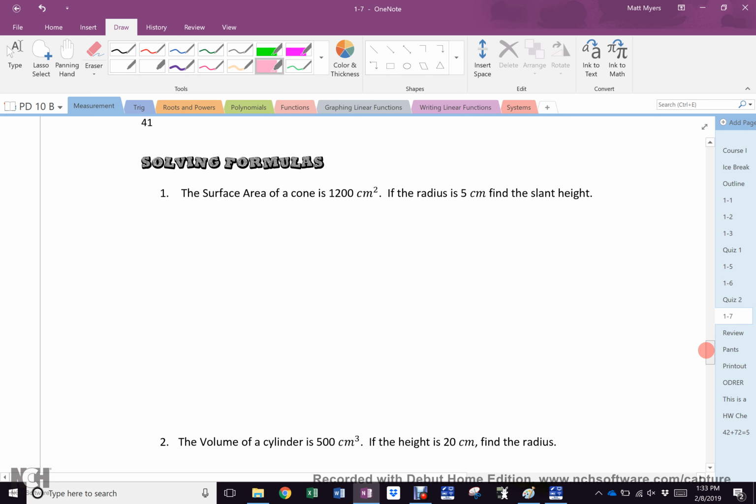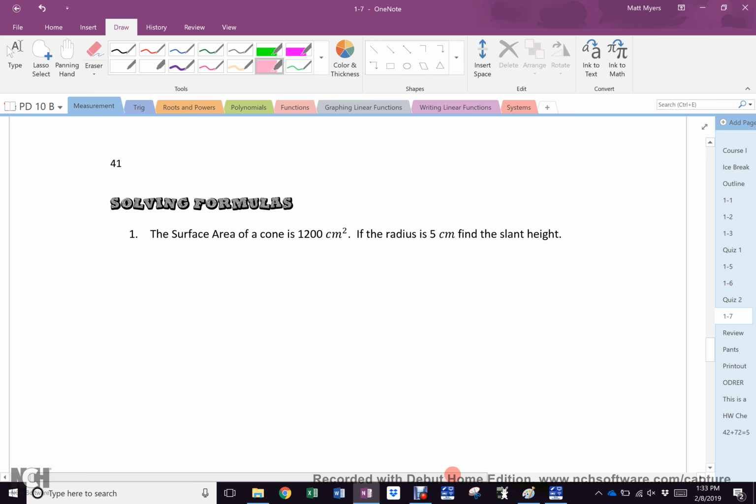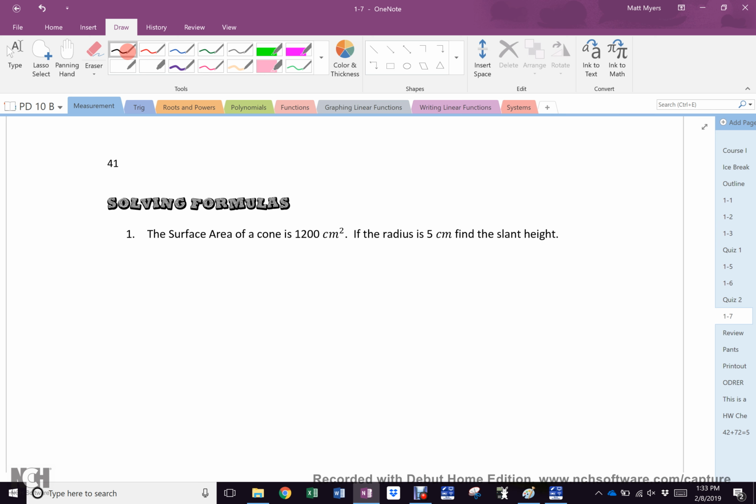Turn the page over to 41. Now listen. 41 and 42 are simply algebra practice. Because to do trigonometry, you must actually be good at algebra. When I say good at algebra, that means you can do this.